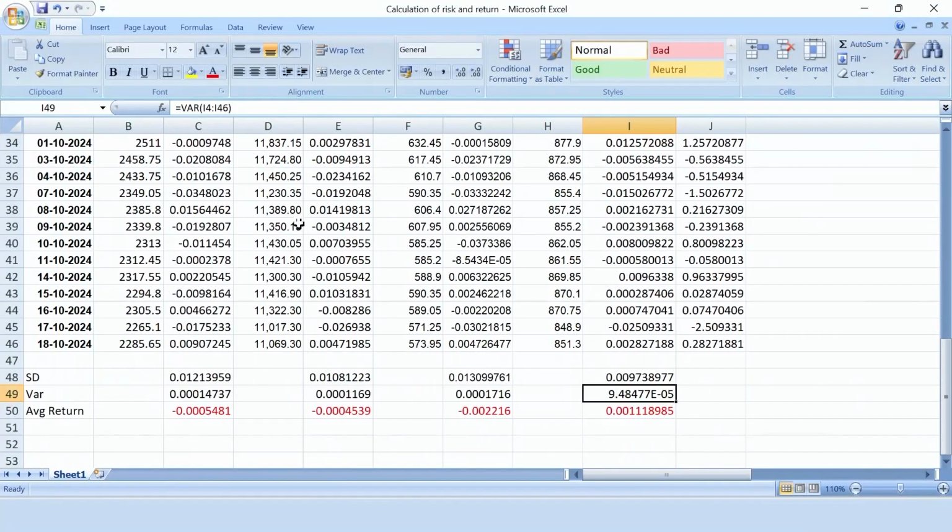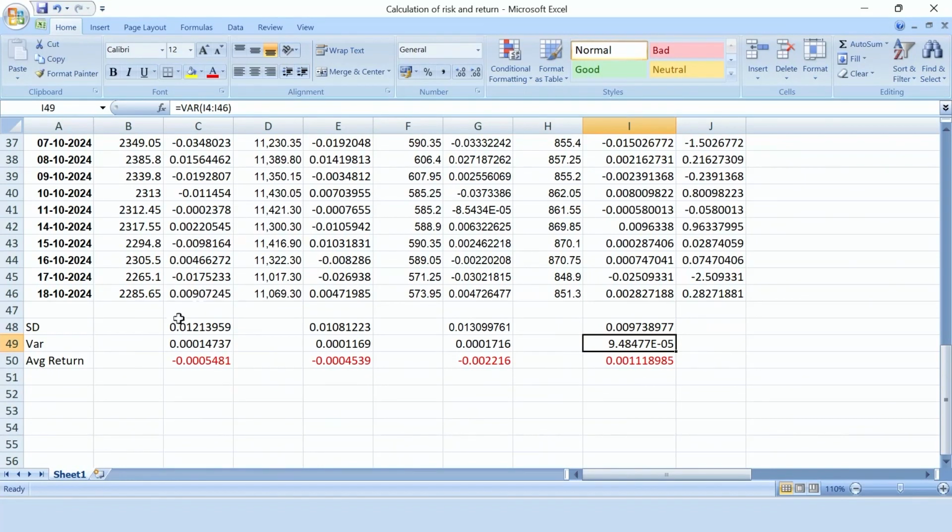So now we have all the values with us. This is our ACC Cement, this is Ultratech, this is your Ambuja, and the last one is your Ramco. So we have seen the result of all the companies.